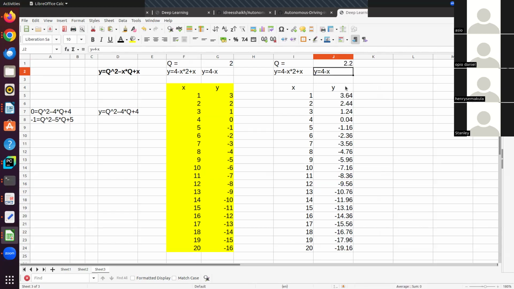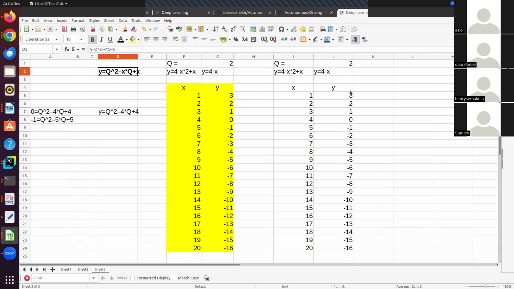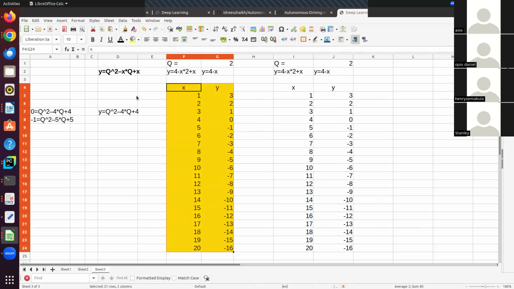We continue playing with it, say 1.8, getting closer and closer from those two directions, until we eventually say, it looks like if I put a 2 here, wow, perfect match. Probably the equation has Q equal to 2.